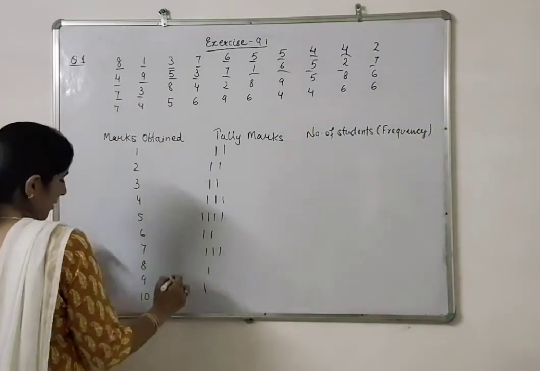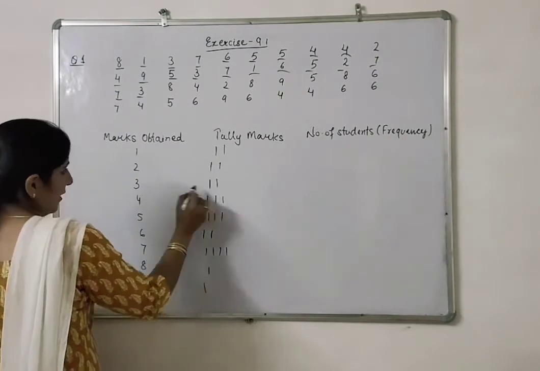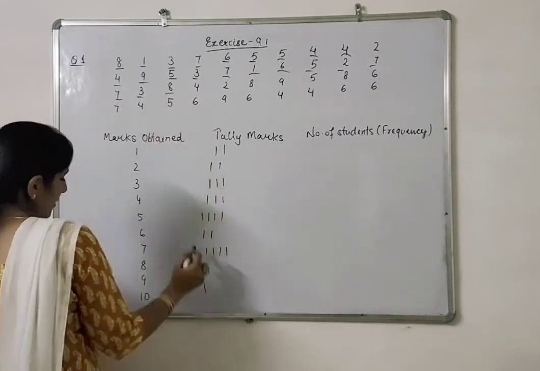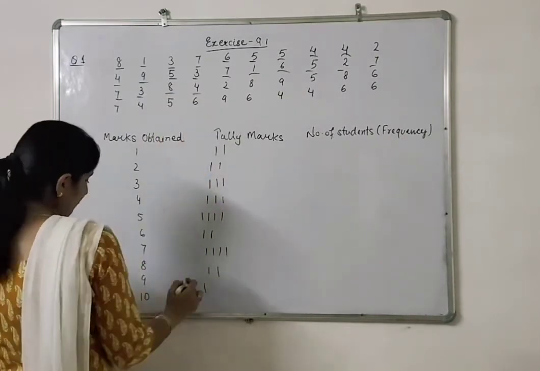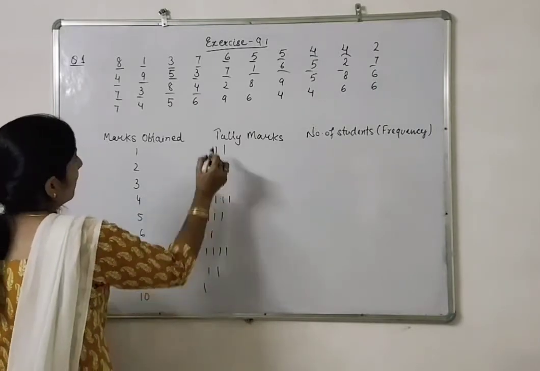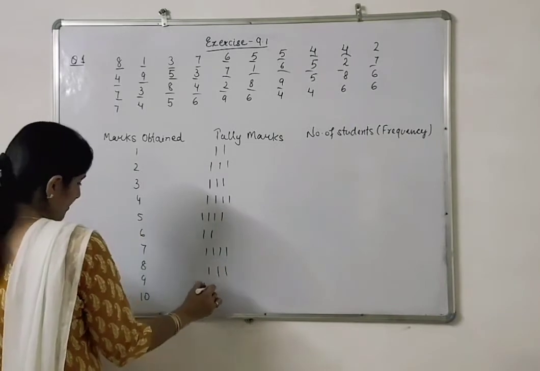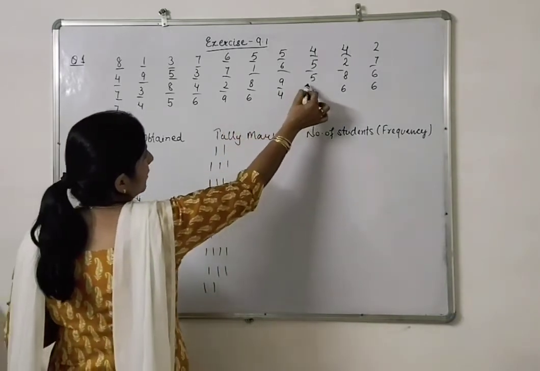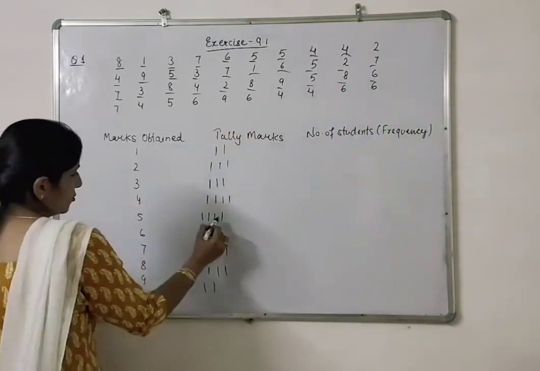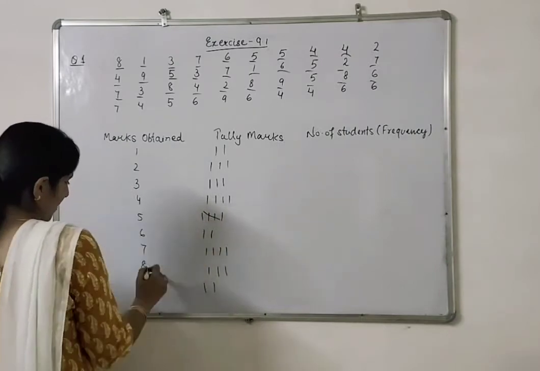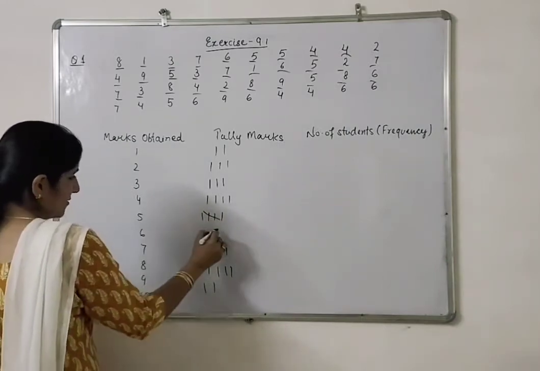Then 7, 3. So it's 7 and then I'm putting 3, then 8, then 4, 2, 8, 9. I can remember 2, 8 and 9. 5, 8, 6. So 5, 8 and 6.